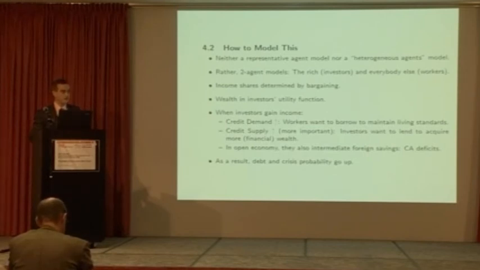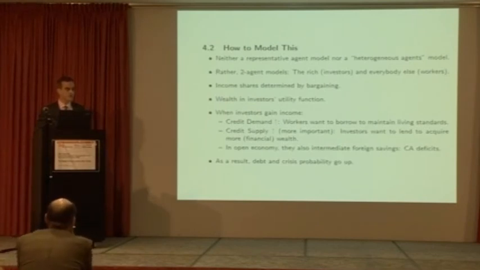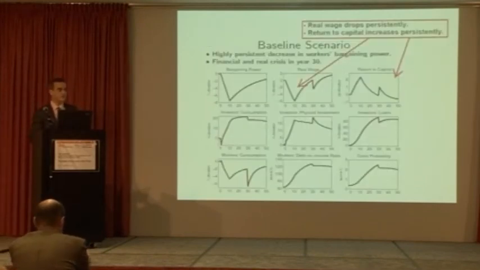They have wealth in the utility function, because when you become richer and you're already so rich, you can only buy so many Armani suits, and you can construct only so many factories, especially when the output of that factory needs to be sold into a country where the income of your customers is stagnating, right? And so the other thing that you're going to do with your money is precisely to lend it back to those whose income is stagnating so that they can keep buying the products. As a result, debt and crisis probability go up, and this is a baseline scenario.